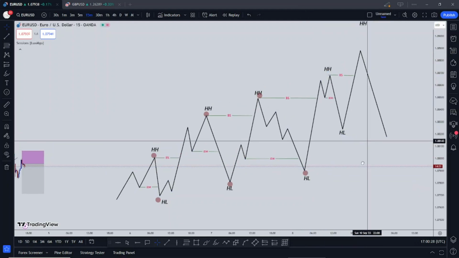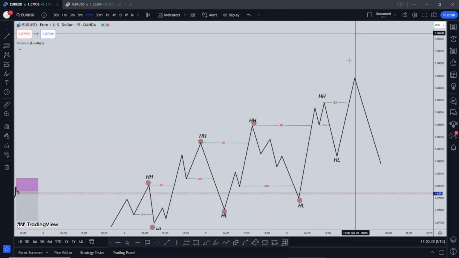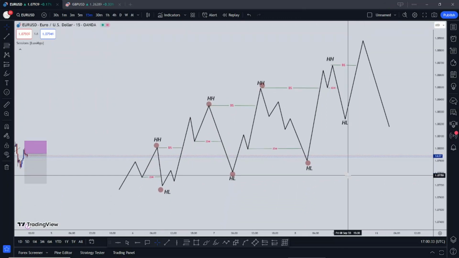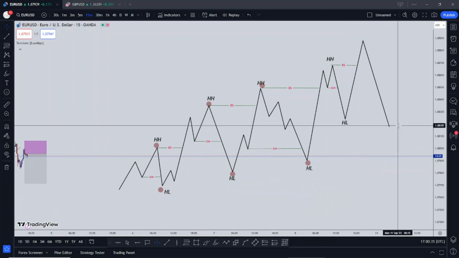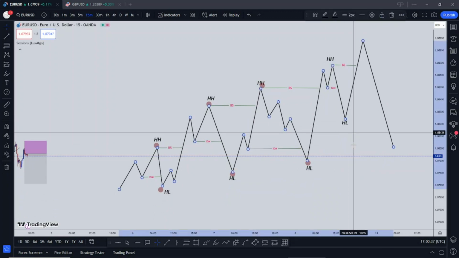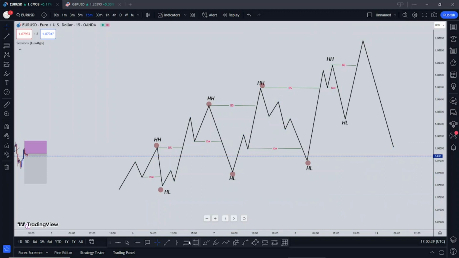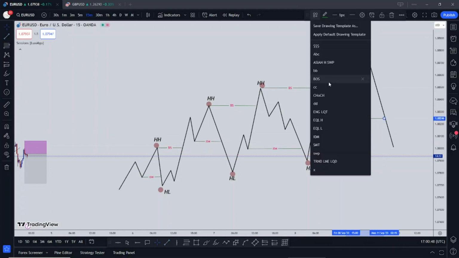So this is our higher low right over here. Now, where price comes down to take this higher low, that is the first time the market is breaking a higher low. Then we call it what? Call it a shock or change of character.